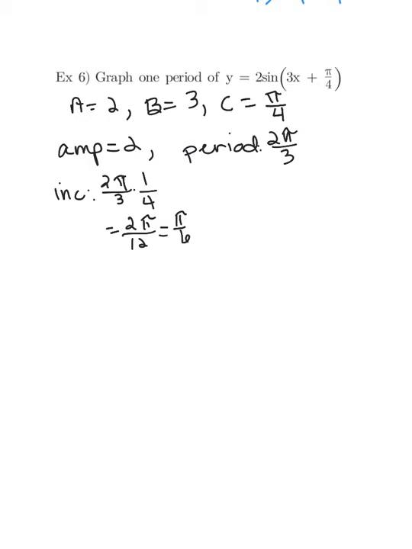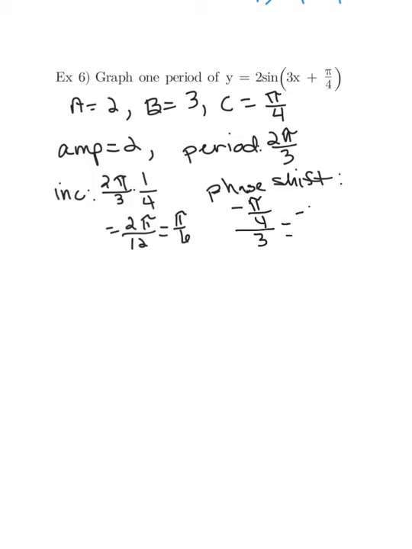Phase shift. We're going to do the opposite of our C, which is negative pi over 4. And we're going to divide that by the b, which is 3.